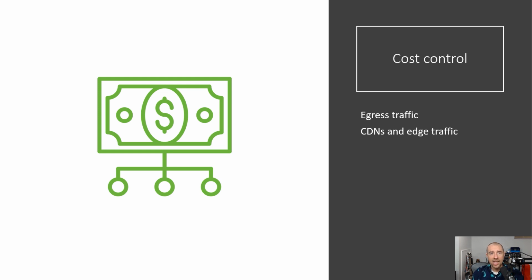Another thing to consider is CDNs and edge traffic. So when I gave that example before of CloudFront and using that as an on-ramp to AWS for anything that's being consumed at the edge, you get the advantage of it riding the backbone. You also get the advantage of the lowered egress costs because the data is living at that endpoint and being cached there. So there's less data that's traveling across the network from your origin point to that edge point because it's being cached to that layer.